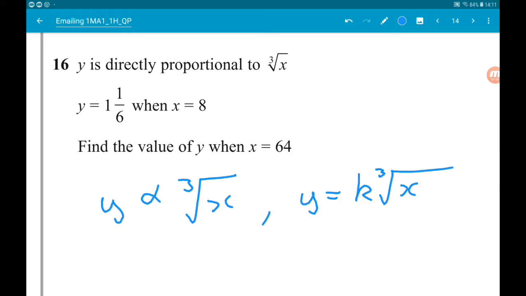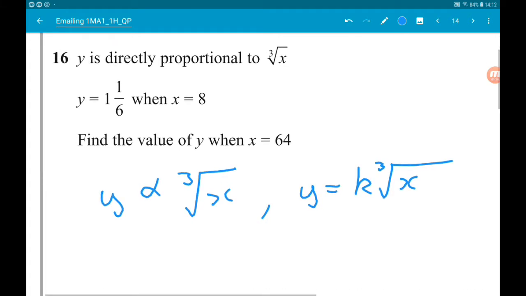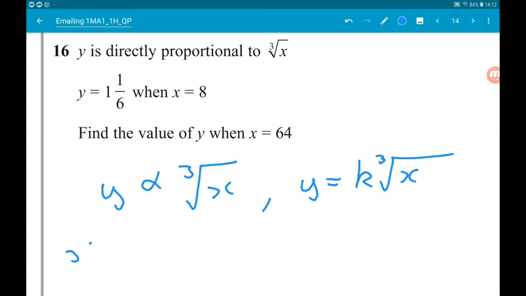Now we need to find the value of k. So we know that y is 1 and a sixth when x is equal to 8. So x is 8 and y is 1 and 1/6.